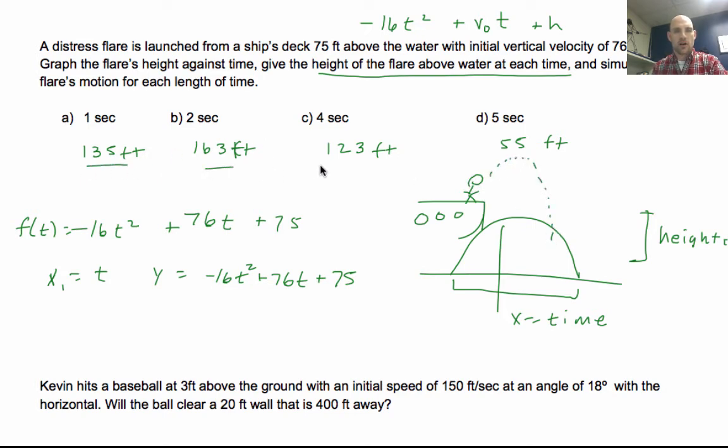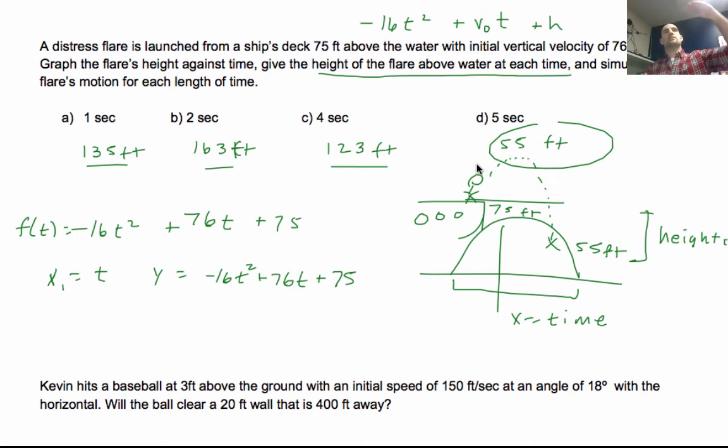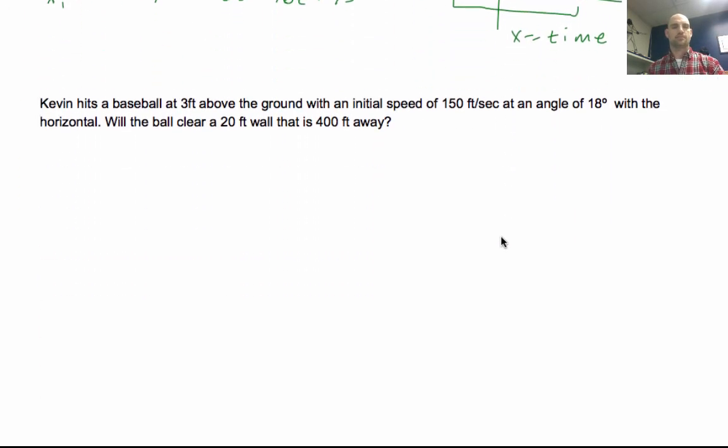It's above, above, above, and then at 5 seconds, so I know that this height is 75 feet. At 5 seconds, it's down here at 55 feet. And so that means that somewhere between 4 and 5 seconds, it drops below the line of the deck. Okay, so just kind of think about what that means and what the significance of that is.